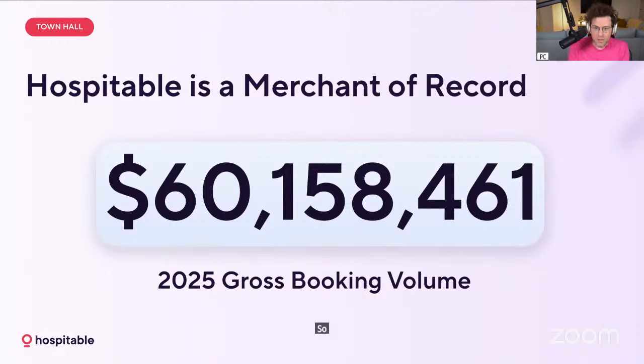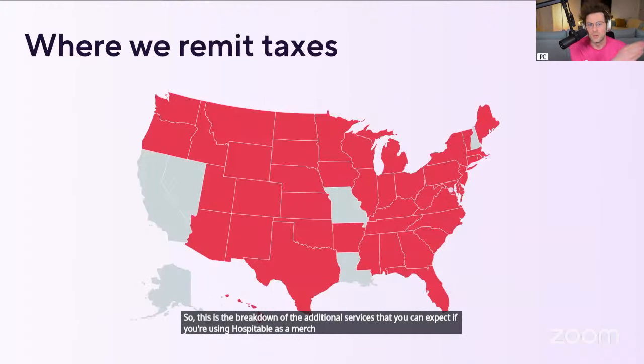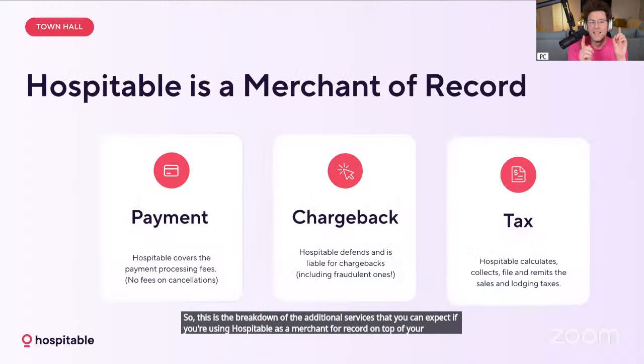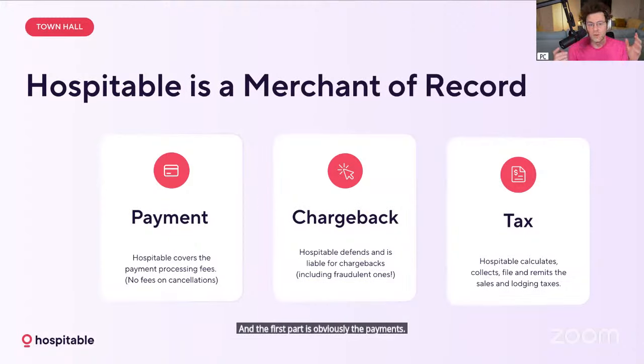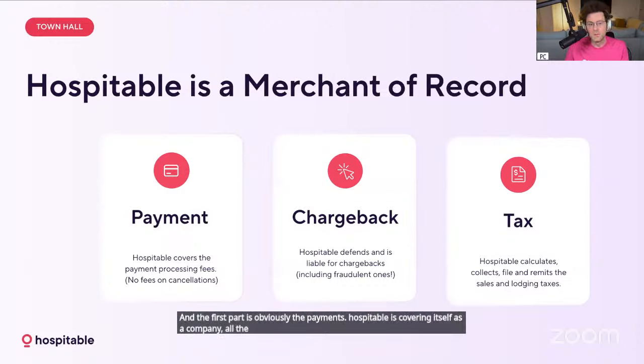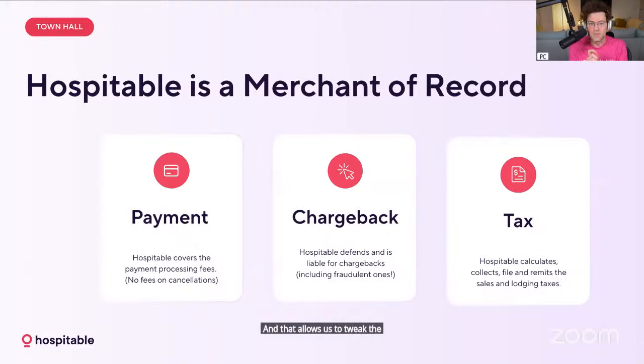So this is the breakdown of the additional services that you can expect if you're using Hospitable as a merchant of record on top of your property management software. And the first part is obviously the payments. Hospitable is covering itself as a company all the payment processing fees, and that allows us to tweak the way those payment service providers are working for you.